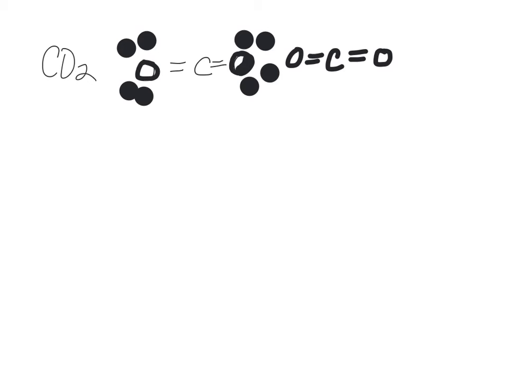Okay. And of course, this is called carbon dioxide. 1 carbon, 2 oxygens. Okay, could you please calculate for me what the electronegativity difference is for carbon and oxygen? 1.